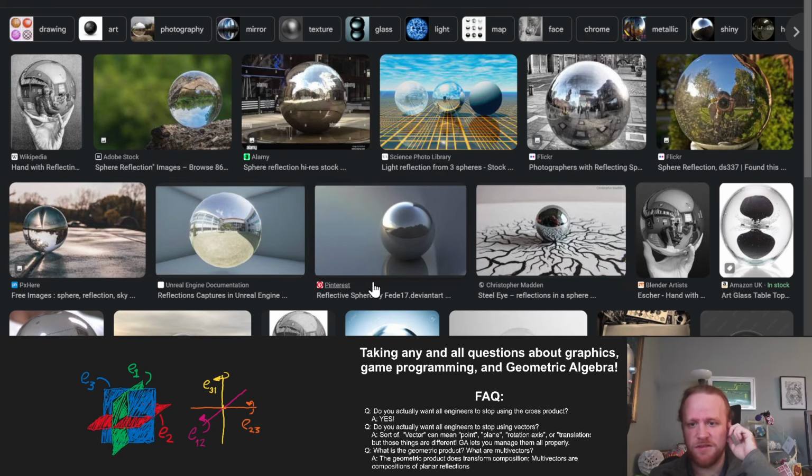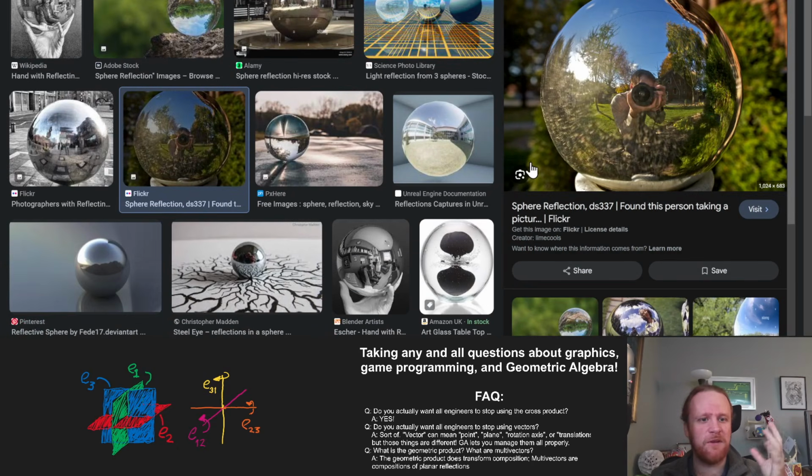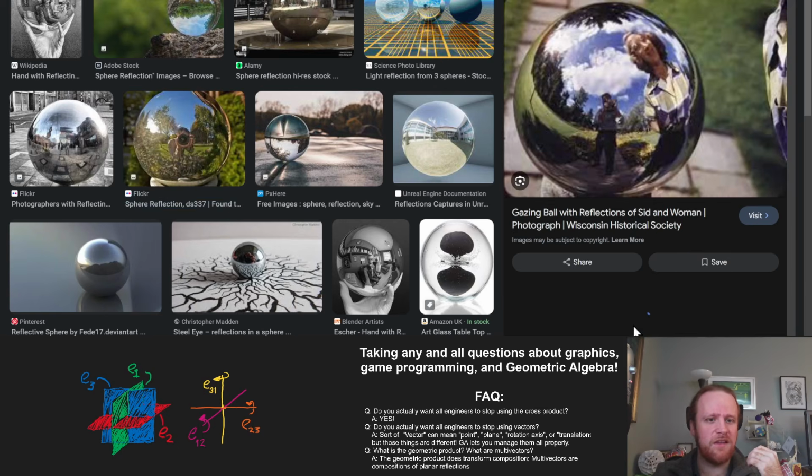Sphere reflection. Alright, so if you say I reflect the whole world into this perfectly mirrory sphere, then that's a sphere reflection. There you go. There's a nice one.